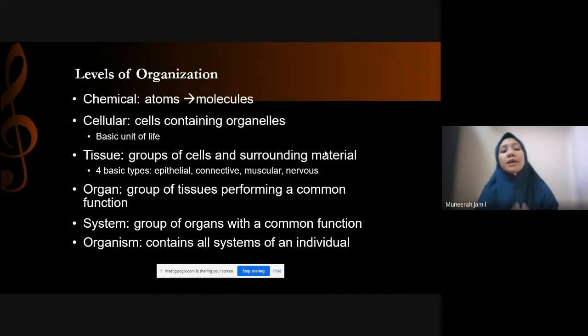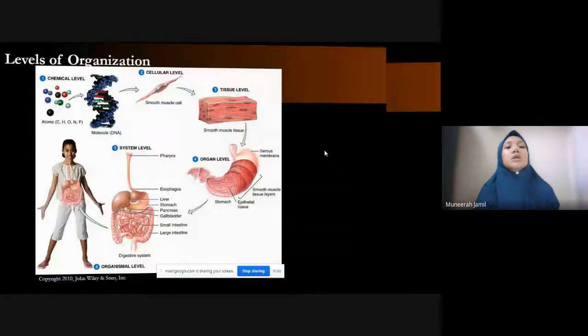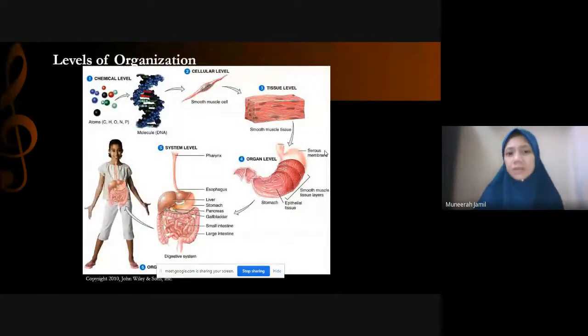Okay, and then a few organs that function to achieve one goal is called a system. Right, and then accumulations of systems that perform a lot of functions then form an organism, which is a human or individual itself. Okay. So this is the level of organization, right?